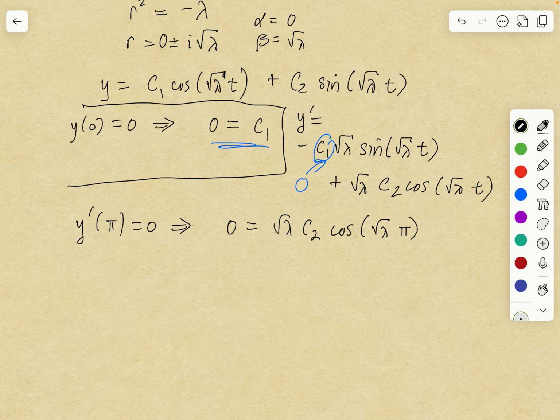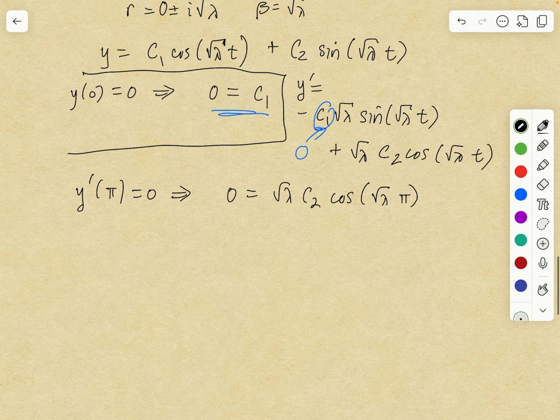So it's not like cosine of pi or cosine of 2 pi, it's like cosine of the square root of 3 pi, or the square root of e pi. The square root of lambda is just a real number, and a real number times pi doesn't in general have a nice cosine, so you can't simplify this at all.